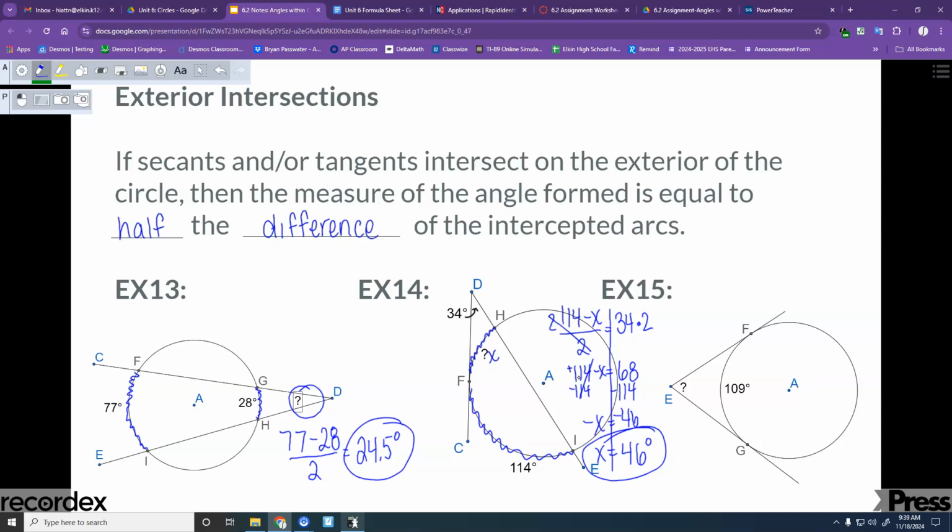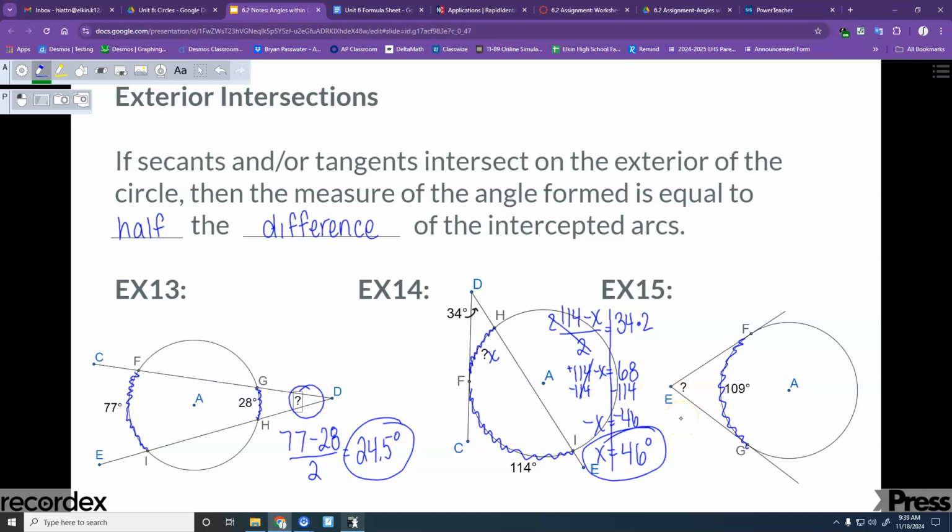What do you guys think about number 15? No one gave us one number. Almost. What did I hear back here? Okay, so they gave us what would be the little arc.